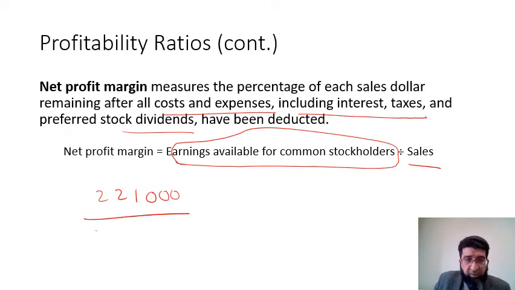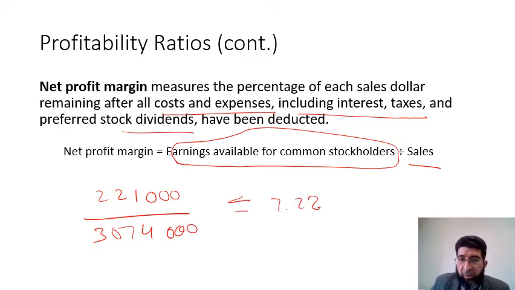Sales is 3074, and this comes out to be 7.2%. So for every $100 of sales, we have been able to earn $7.2 for common stockholders after paying almost everything. You see, we started with a higher ratio, 30% of the gross profit, and it comes out to be 7.2% in the end.